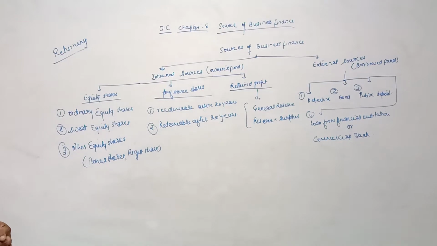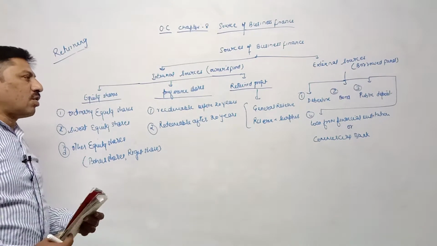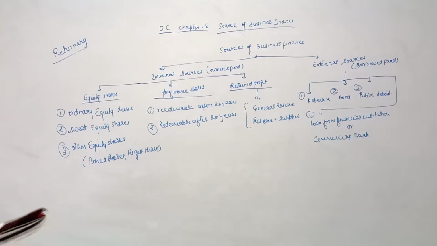There are different names which are called retained profit. Later on you will study this in other chapters in 11th and 12th. External sources are called borrowed fund: debenture, bond, public deposit, loan from financial institution or loan from commercial bank. So in total there are two sources of business finance: internal and external.